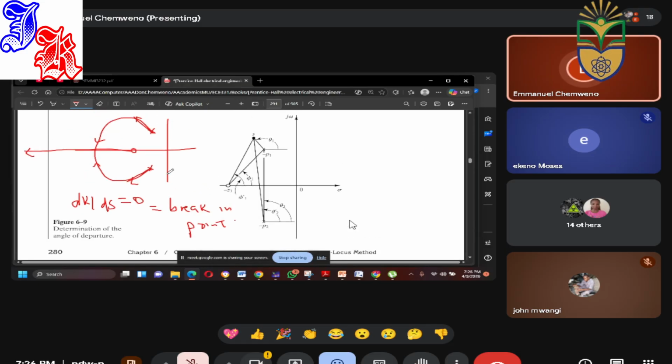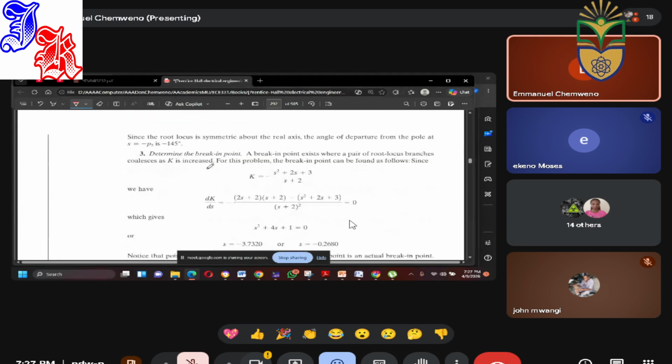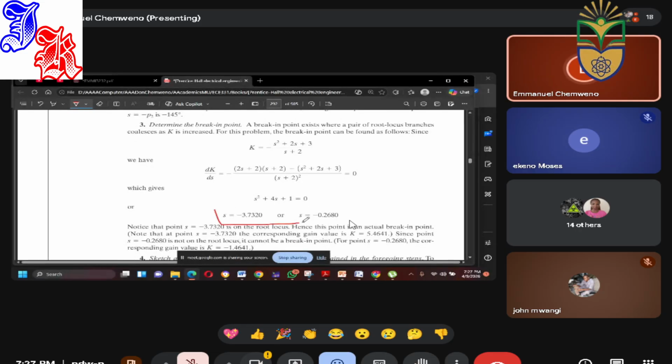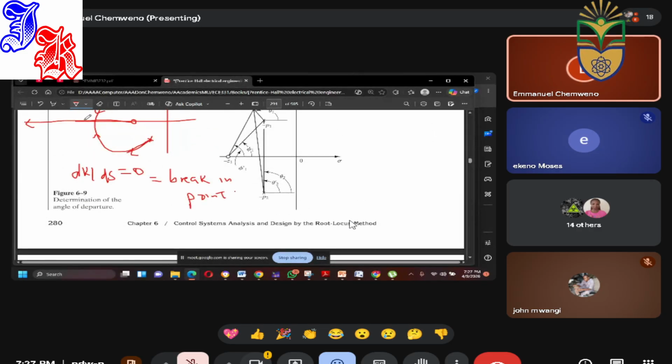I'm just guiding you through. I'm not actually calculating, but I'm just guiding you through. So dK over ds is here. So you will choose one of the s's. Note that this point, negative 3, is part of the root locus. It is somewhere here.